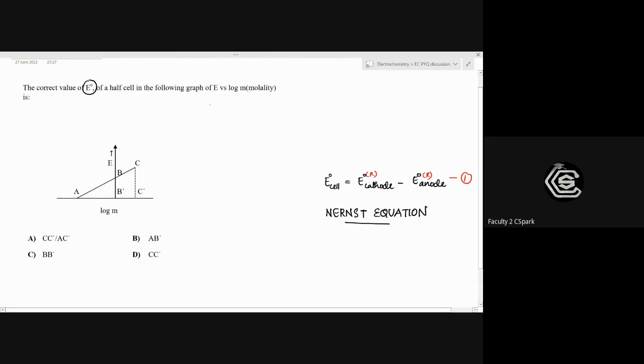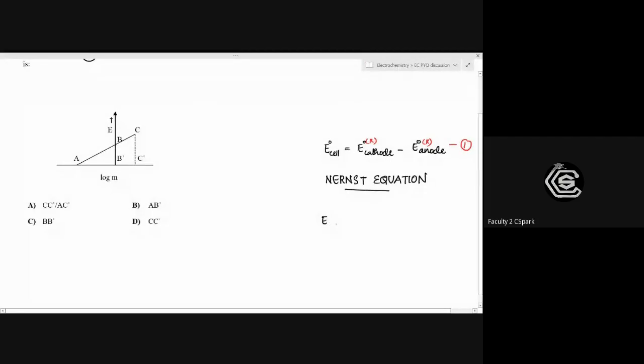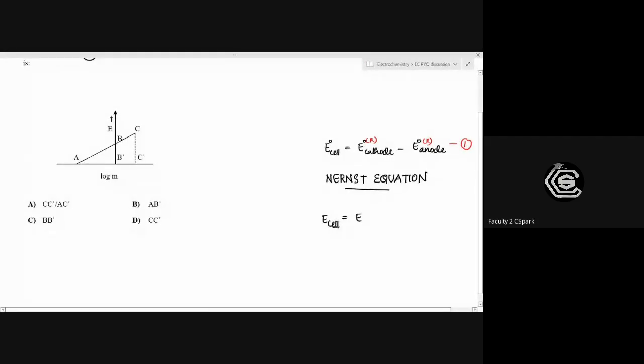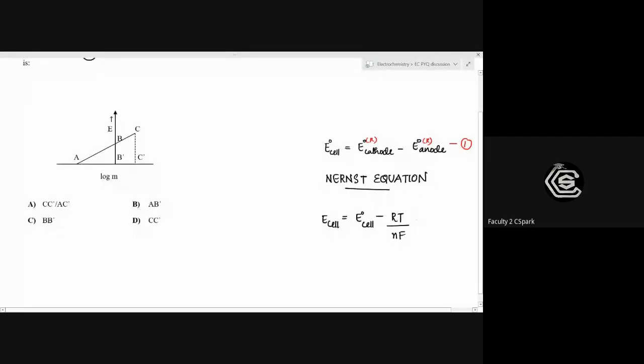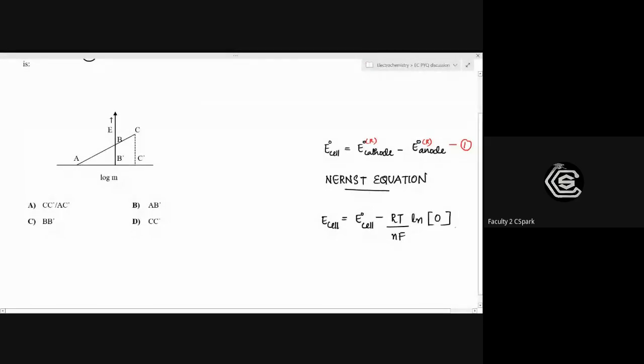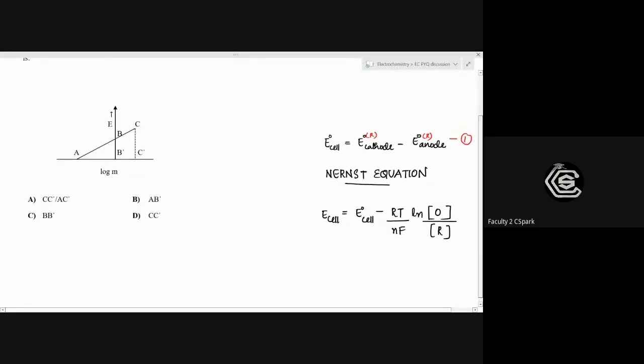Okay, so the equation is like this. It is E cell is equal to E naught of the cell minus RT by NF ln, concentration of the oxidized species by concentration of the reduced species, depending upon the reaction which was given.